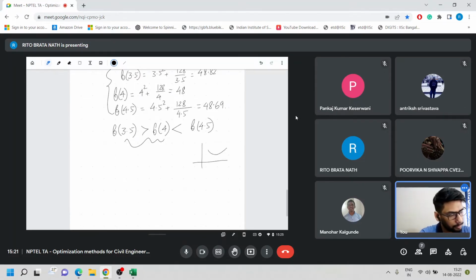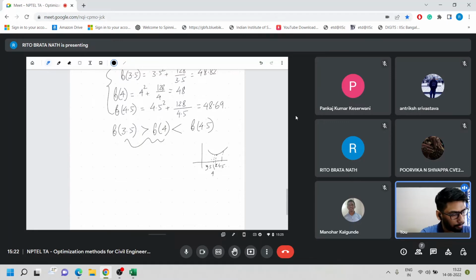Suppose your minima is somewhere here, and you have evaluated your function at, say, 3.5, the leftmost point, then 4, then some arbitrary x, and here again, say 4.5 or something.